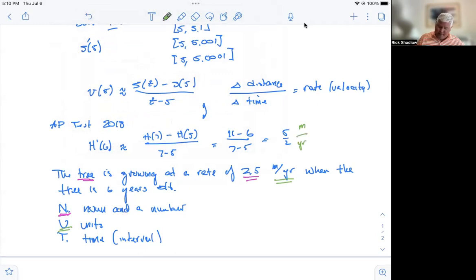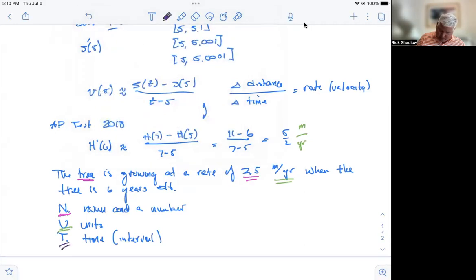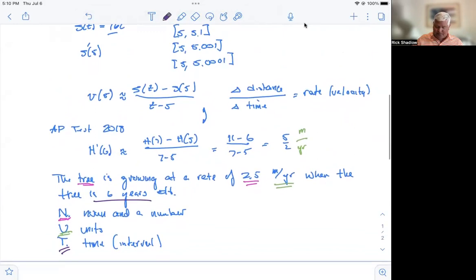Meters per year. And then also at a time, particularly when the tree is 6 years old. So a noun and a number, the units, and then a time or later on, a time interval that represents, specific to that particular problem, how fast the tree's growing at 6 years old.